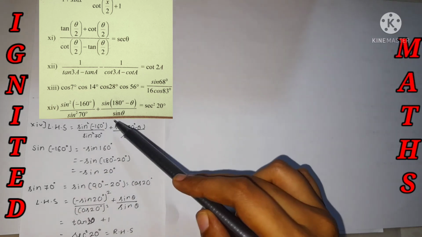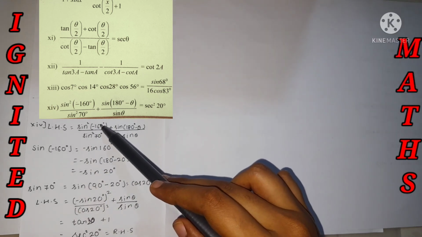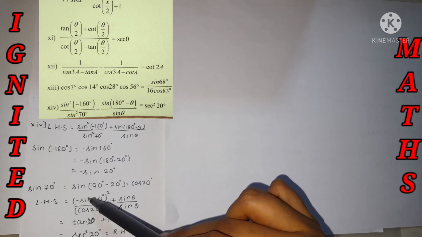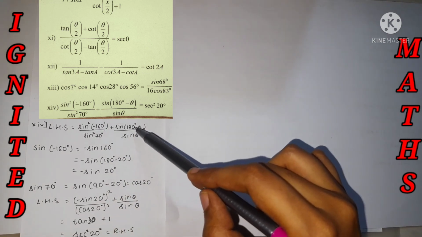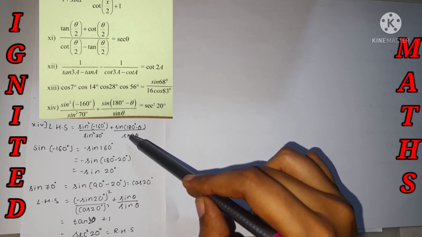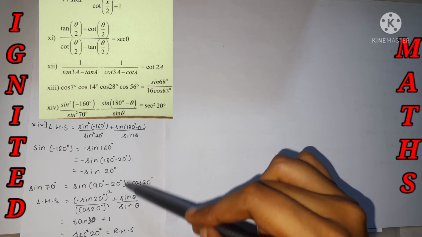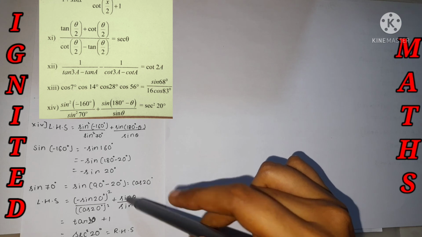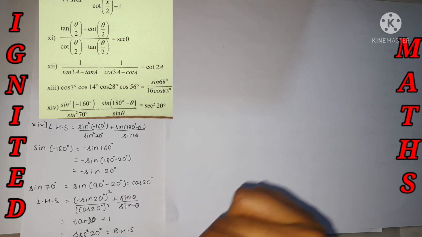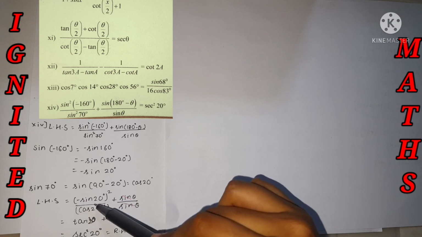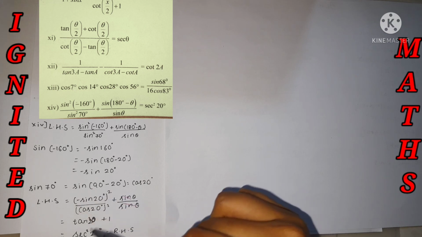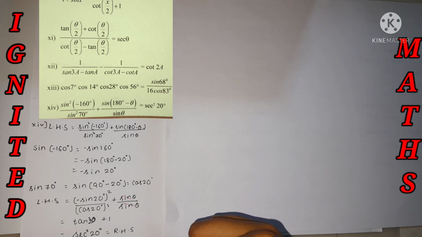Just put the values at the LHS. In place of sine minus 160 degree, put the value accordingly, and cos also. And over here sine 180 minus theta, it's nothing but sine pi minus theta, which is nothing but sine theta, and sine theta over here, so it cancels off. And over here, minus sine 20 degree squared is nothing but sine square 20 degree.